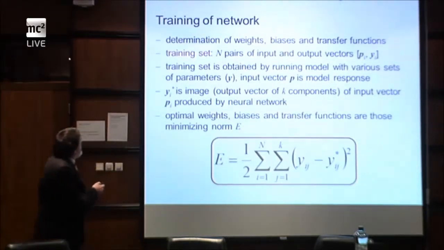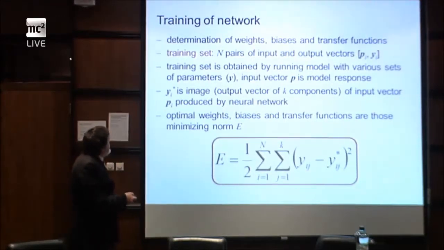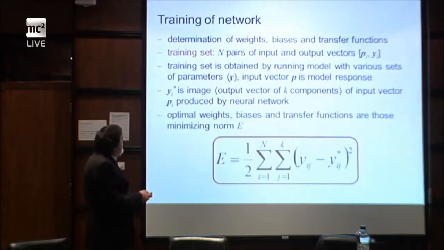Okay, so training of the network is determination of weights, biases, and transfer function. And in order to train the network, we need n pairs of input and output vectors p_i and y_i.